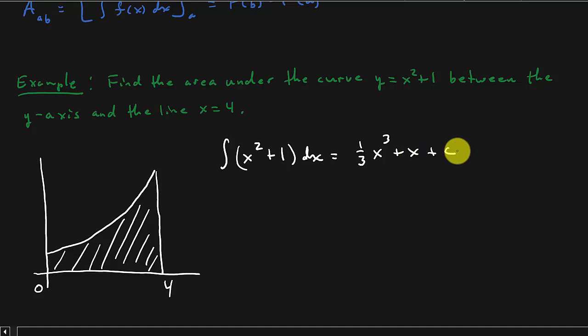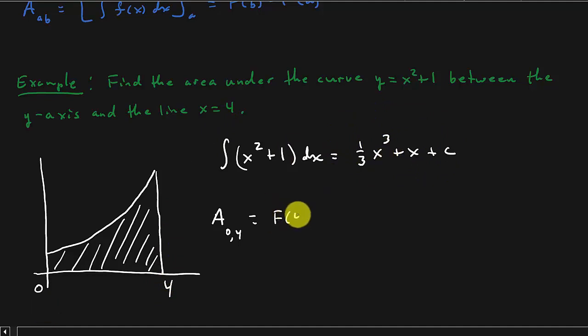All right. Now, let me talk about this for just a second. I'll talk about it again in the next video also, but let me just mention it right here. This plus c right here. So watch what I do. That's going to be the antiderivative evaluated at 4 minus the antiderivative evaluated at 0.